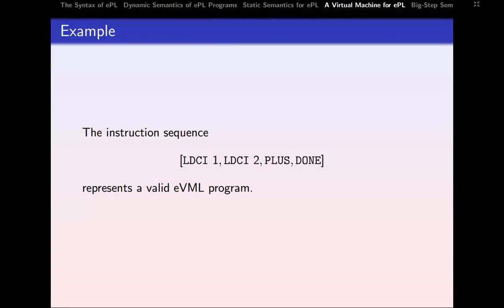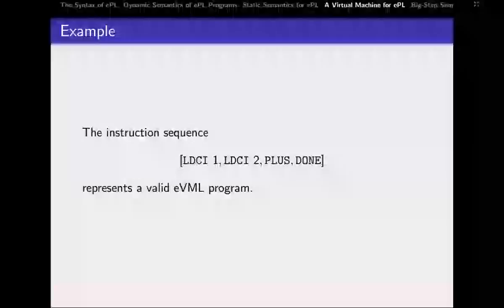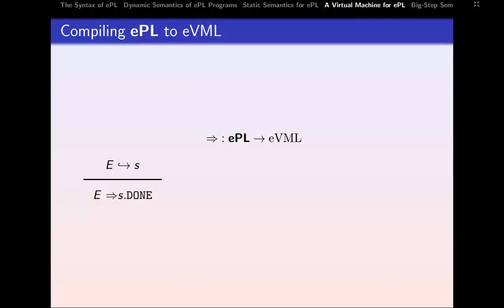And at the end of this sequence of instructions, we have the result 3 at the top of the stack, right? That's what we will consider to be the evaluation of an expression on our virtual machine. We execute the instructions, and the result is at the top of the stack at the end. Cool.